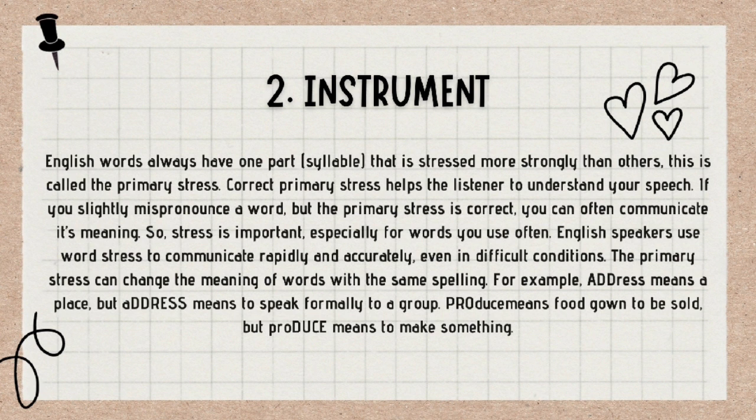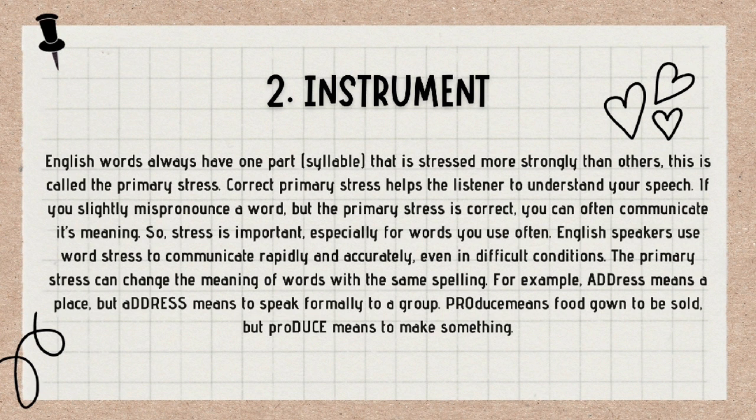If you slightly mispronounce a word, but the primary stress is correct, you can often communicate its meaning. So, stress is important, especially for words you use often. English speakers use word stress to communicate rapidly and accurately, even in difficult conditions.